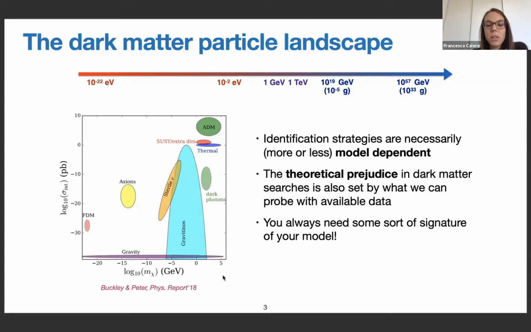And what I would like to point out is that any time you want to engage in a strategy to try to identify the nature of dark matter particles, you always have some kind of theoretical prejudice about what you are looking for. So you always need some sort of signature of your model, and this determines what kind of data and strategy you are engaging to look for it.